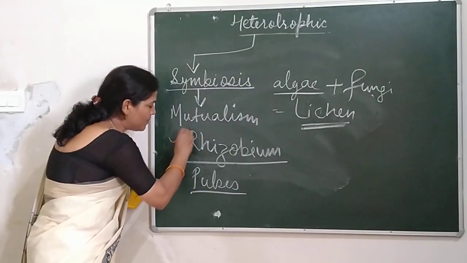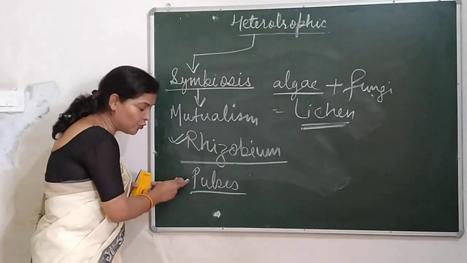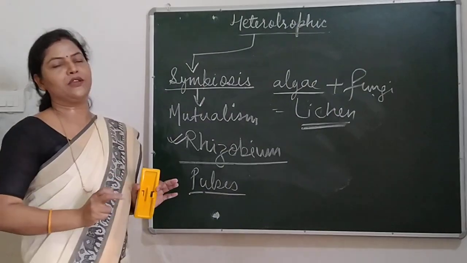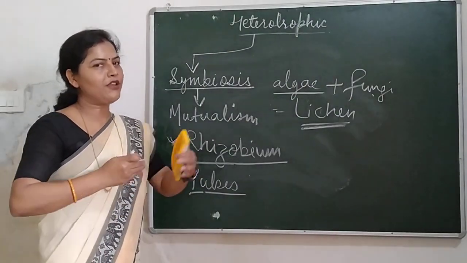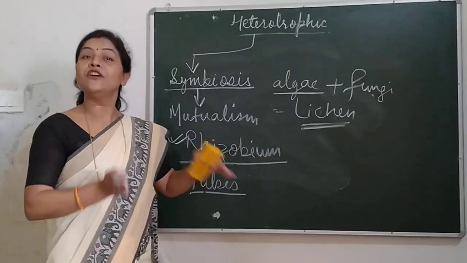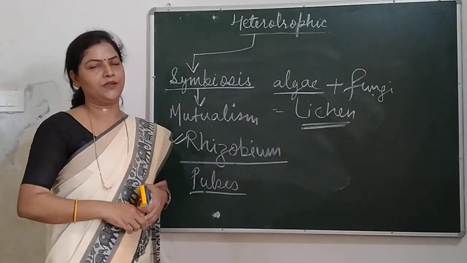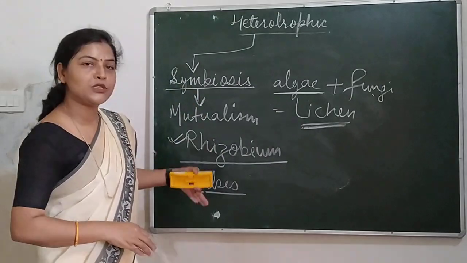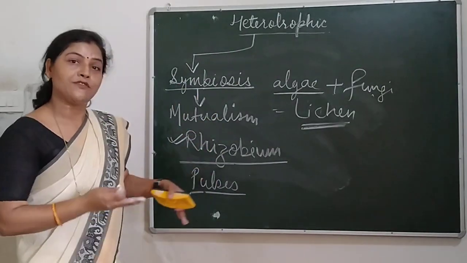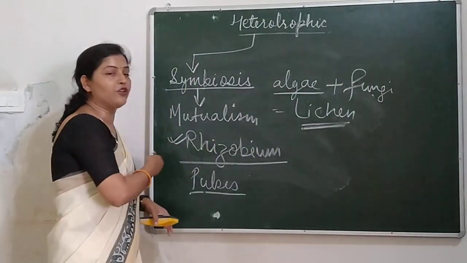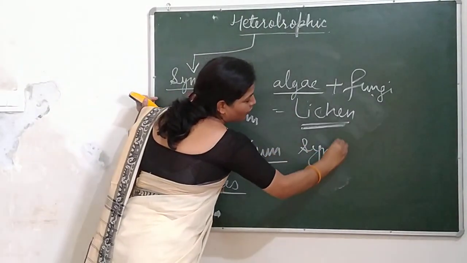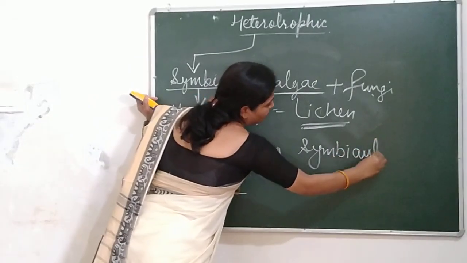So rhizobium gets shelter and food from the plant, and pulses get nitrogen from rhizobium. So are they benefited from each other or not? So this is also a symbiotic relationship. And organisms involved in such a relationship are called symbionts.